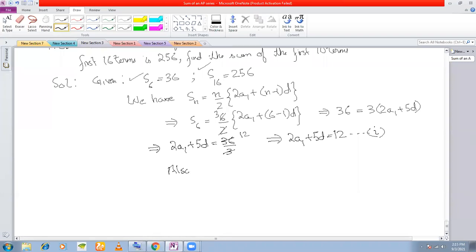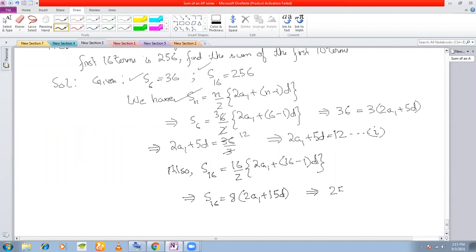Now, because you know S16, you put n is equal to 16 in Sn. S16 is equal to 16 by 2 into twice A1 plus 16 minus 1 into D. That means S16 is equal to 8 times twice A1 plus 15D. Now put the value of S16.